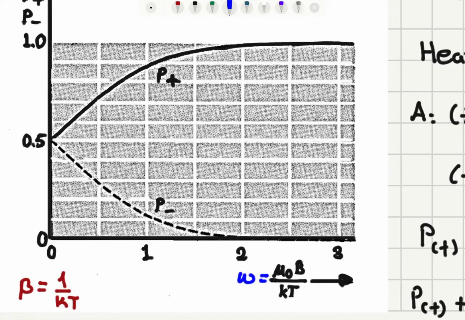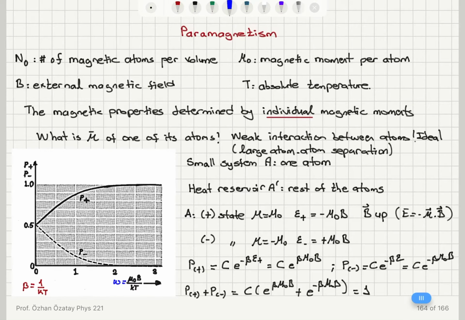In the limit of infinite temperature, omega equals 0, the probabilities will be the same. On the other hand, if I have a very low temperature, omega is large, and the probability of the plus state will be much greater than the probability of the minus state.